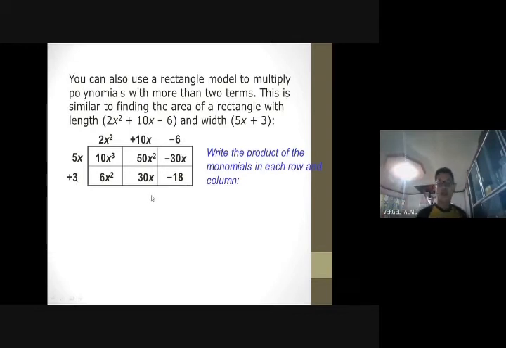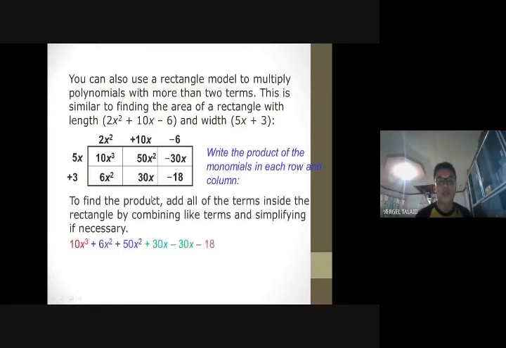So we've noticed that we have here the product, which has 6 terms. Try to collect similar terms. 10x cubed is alone, while 6x squared and 50x squared are similar, so you combine these. 30x and negative 30x are also similar, then minus 18. 6x squared plus 50x squared is 56x squared.